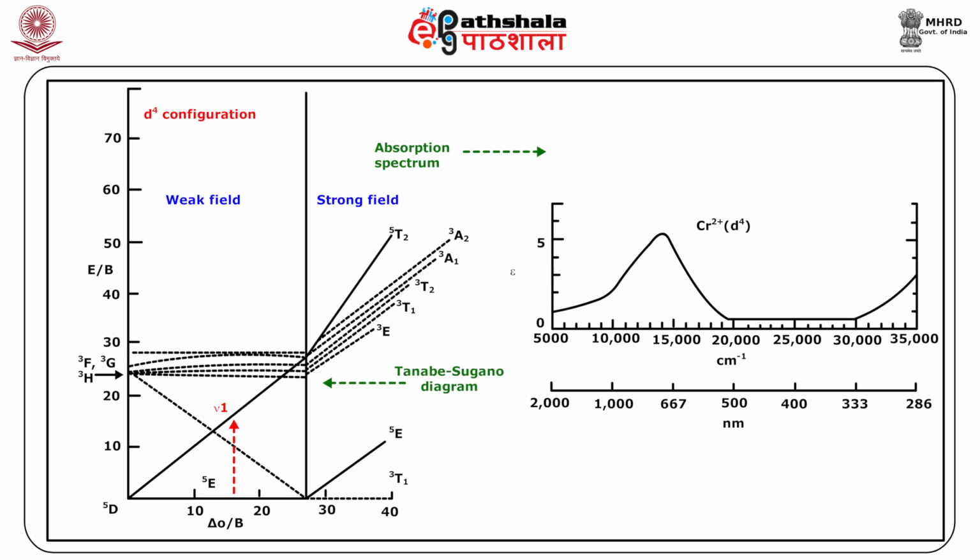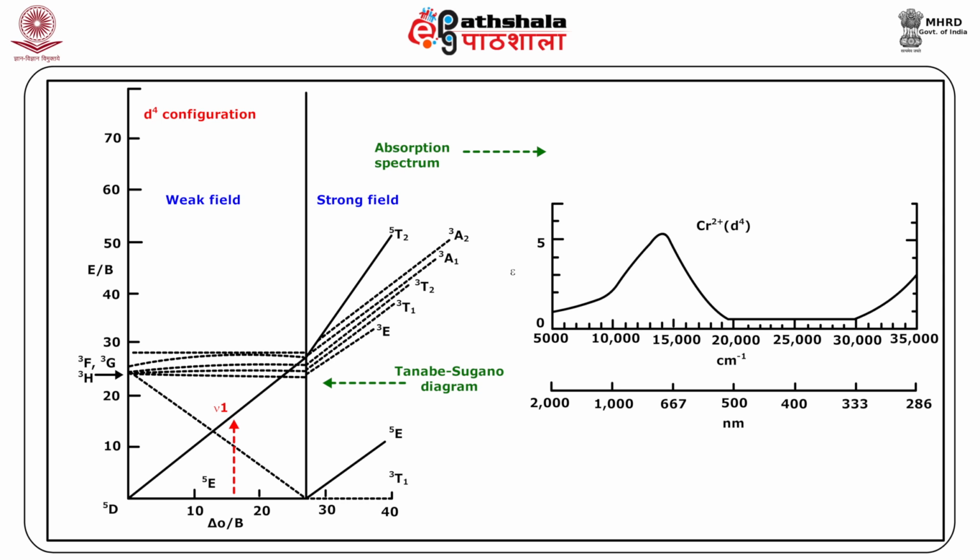The Tanabe-Sugano diagram of a d4 configuration is somewhat complex since now we have a vertical line in between that separates the weak field and strong field cases. On moving from the weak field to the strong field, the ground state term also changes.